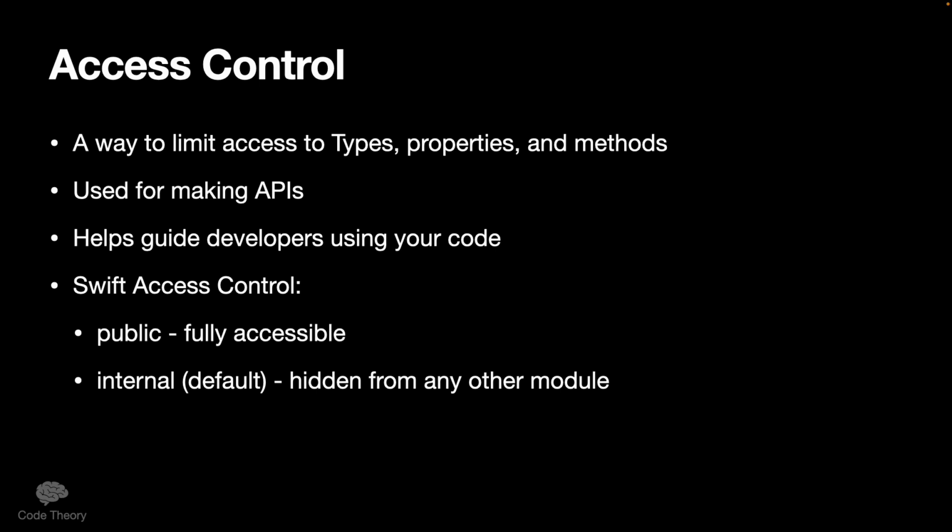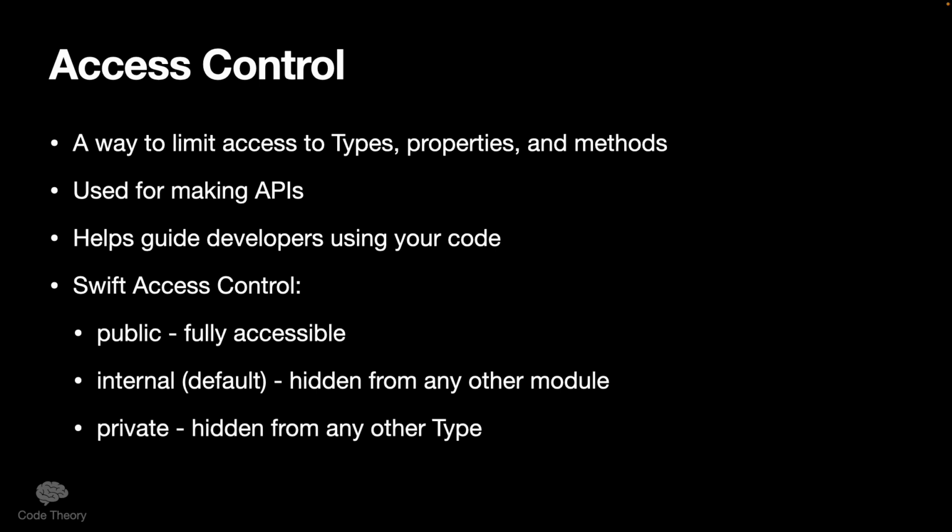You'll import your library and then there will be nothing new in your autocomplete. You won't be able to use any of your types that you defined. So that's what internal is. That's the default. If you're writing a library, make sure to make at least some of your types public so that developers can access them when they use your library.